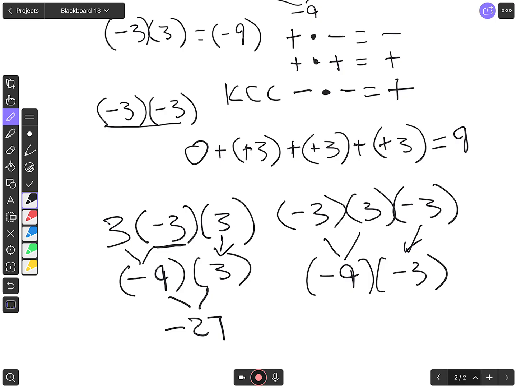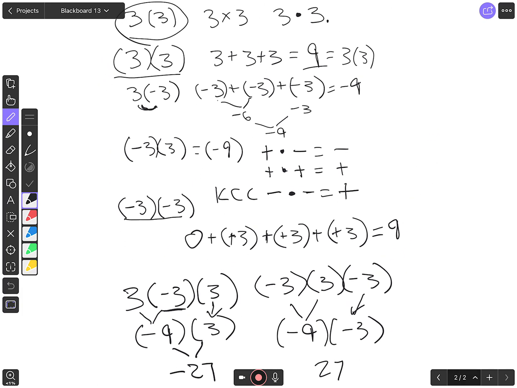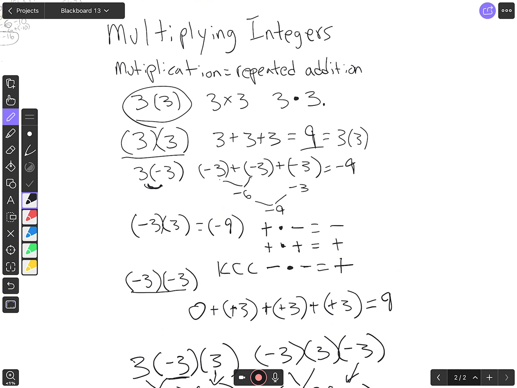So -9 times -3, well, we know now that when we multiply two negatives, we get a positive. Okay, because it's the same idea of subtracting. So I'm like subtracting -9 3 times, which is the same as adding a positive. So -3 times -9 equals +27.